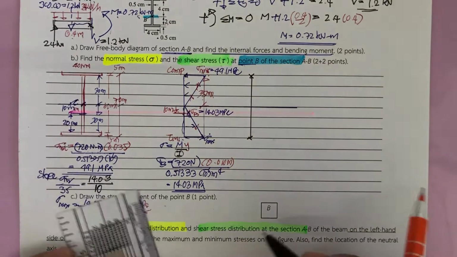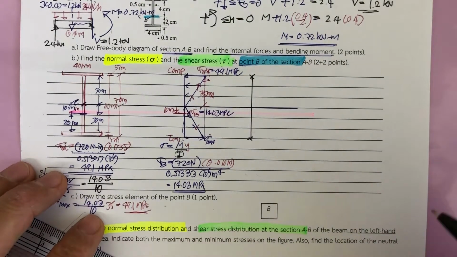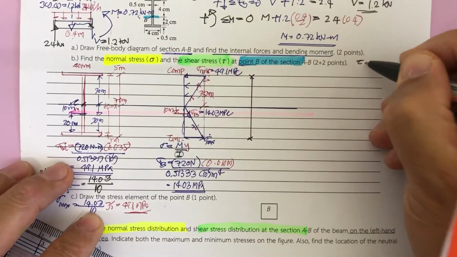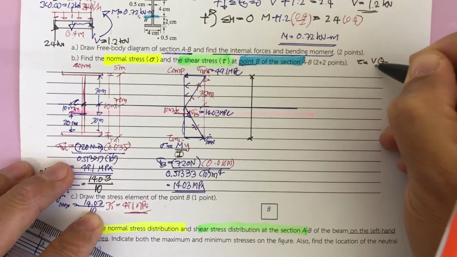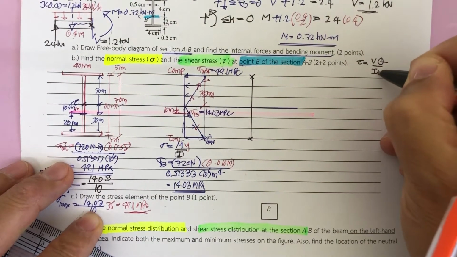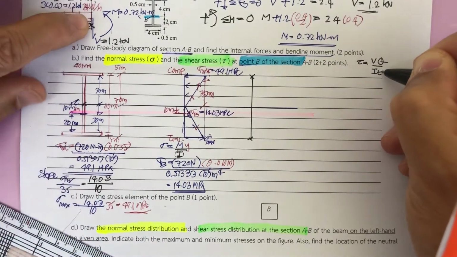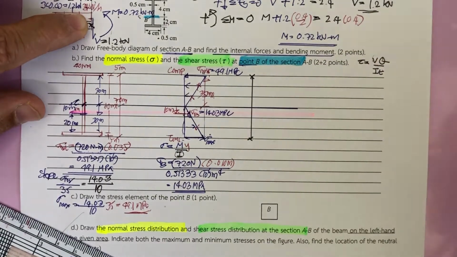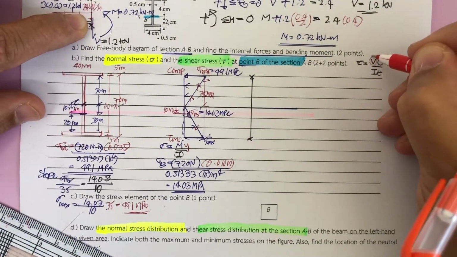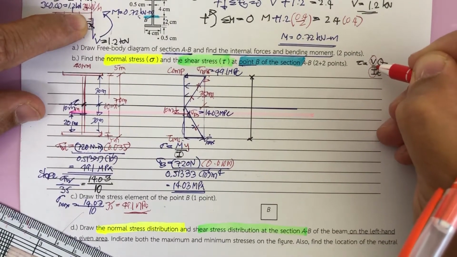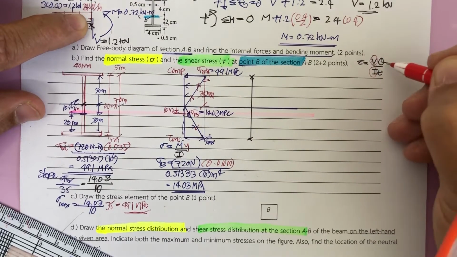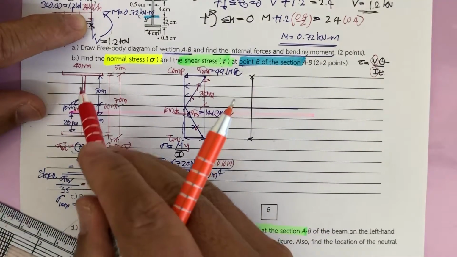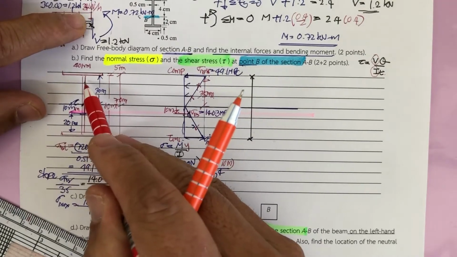The first thing is the equation used to determine it, tau equals VQ divided by IT. On a given section, V is constant and I is constant, and then Q and T vary.